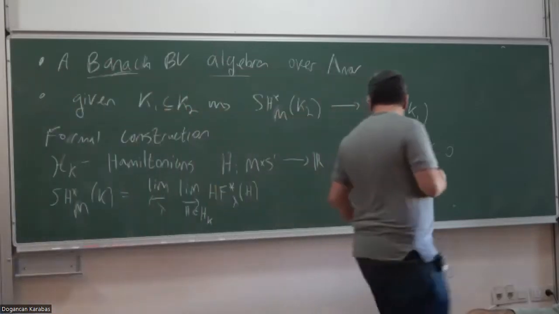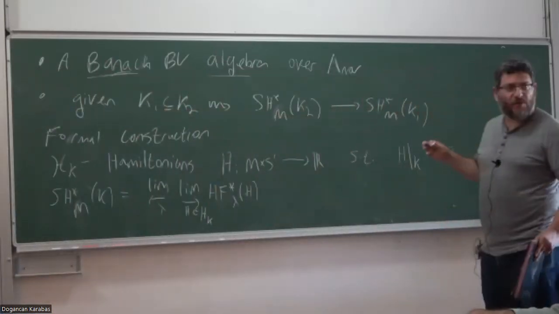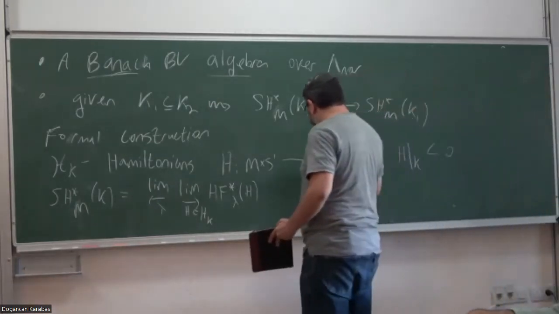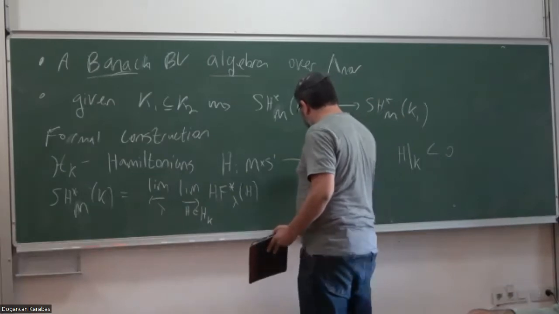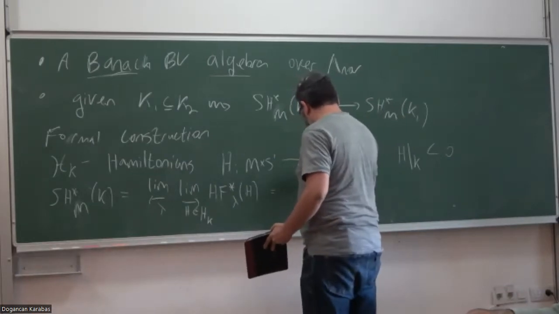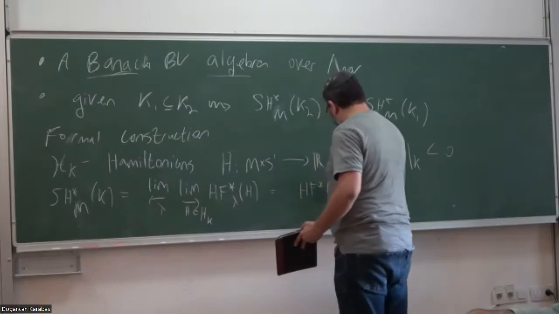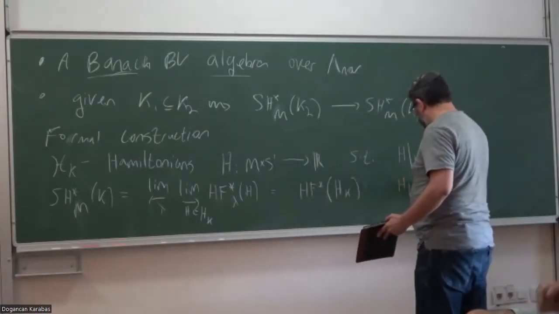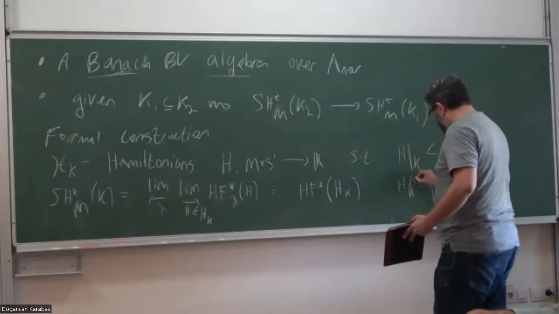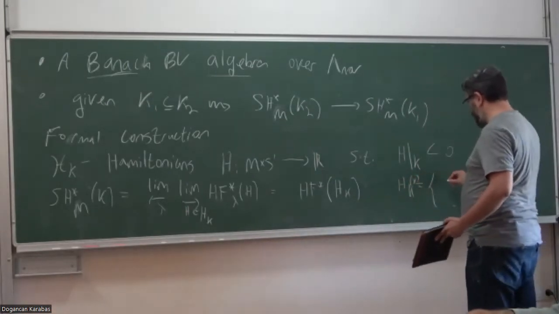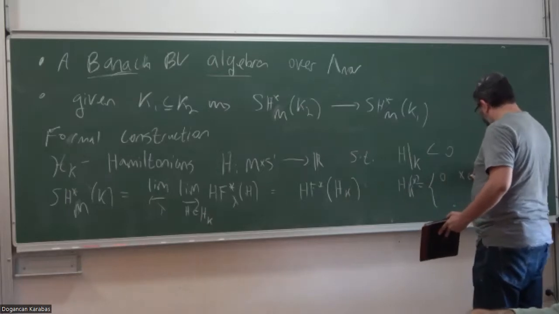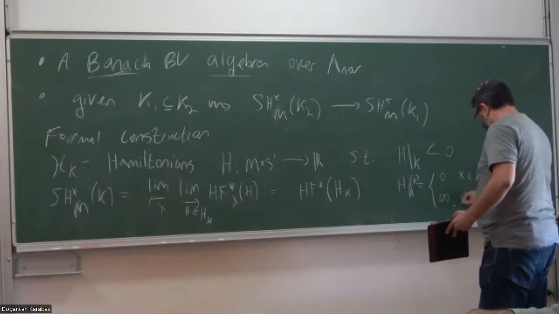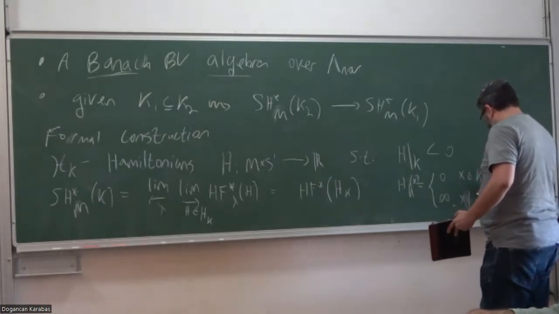So that's a formal definition, probably not very useful, but we should think of this as the Floer homology of the indicator function, where h_K is defined to be 0 if x is inside, and infinity if x is outside.